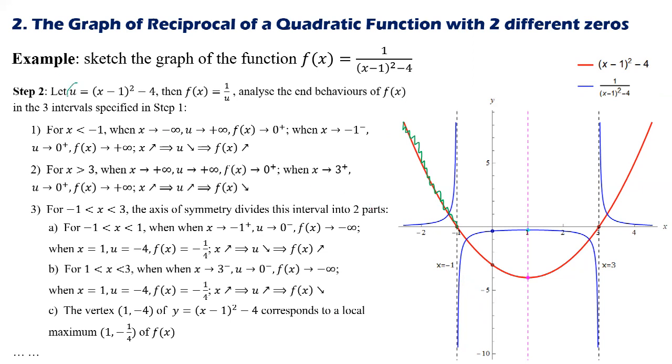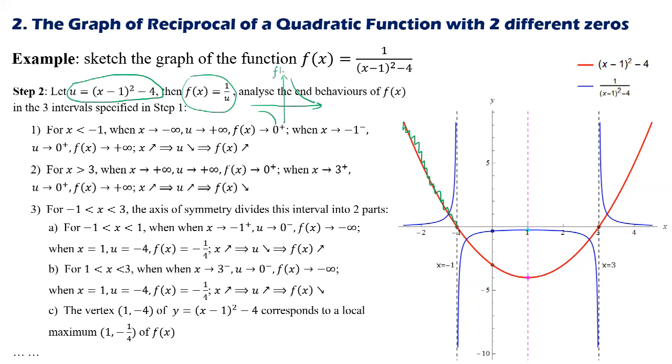Apparently, if you consider this function here, when x approaches negative infinity, u approaches positive infinity. Then we need to consider the function f(x) equals 1 over u, which has a sketch like this. We have already studied this.